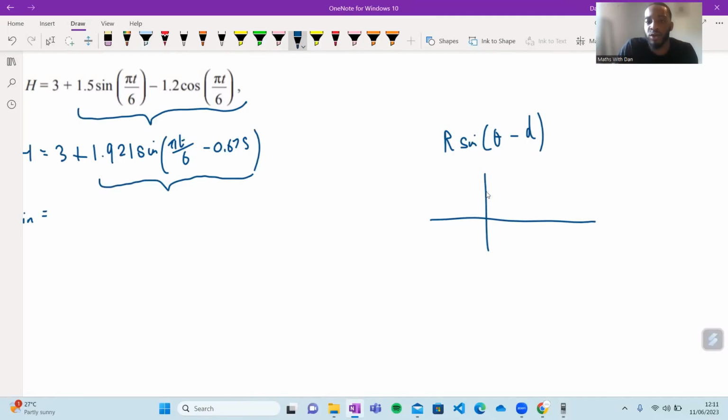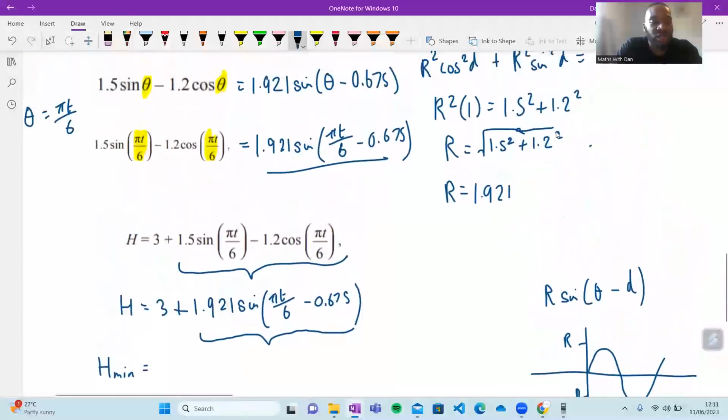Remember, normally the sine graph is like this. If I have an r there, then it will just stretch up. If this was 1 and minus 1, then it will just stretch up to r and negative r. So always remember that when you're doing this one. The max and minimums of this type of expression will be r and negative r.